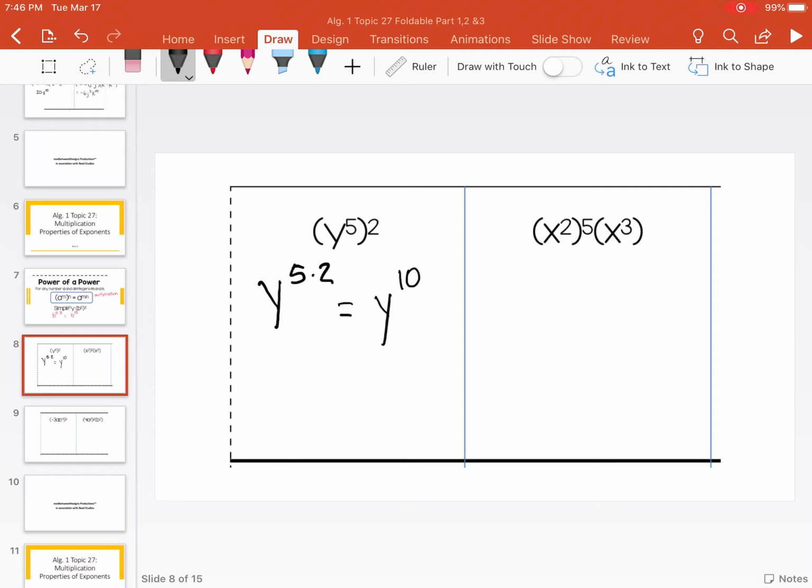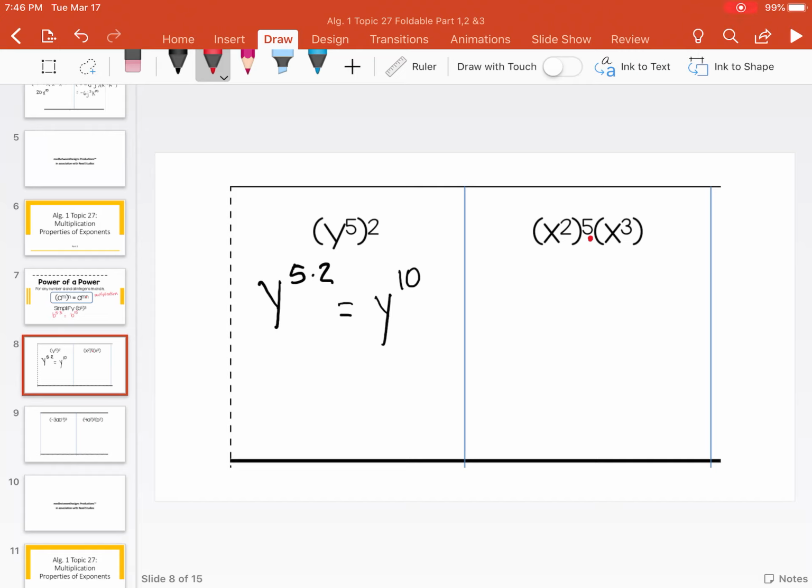Now our next example is going to combine what we learned in part 1 with part 2, because guys, math is cumulative. Okay, so notice here how we have x squared raised to the 5th power, and then again times x to the 3rd.